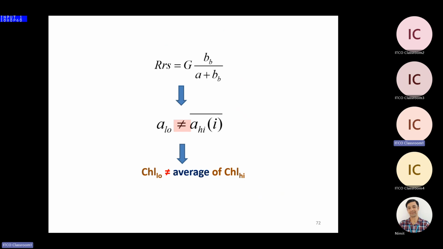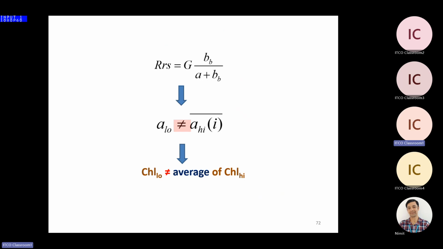Think about this. In these subpixels, you have one with low chlorophyll, another with high chlorophyll. The high chlorophyll one will draw down the blue band Rrs. The low chlorophyll one, because of small absorption, will have more photons come out in blue. So Rrs will be tilted toward the low chlorophyll one, because it has higher Rrs.